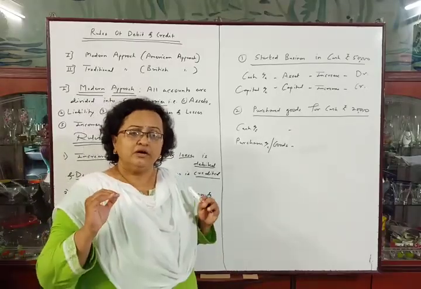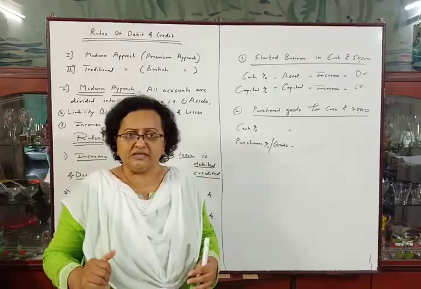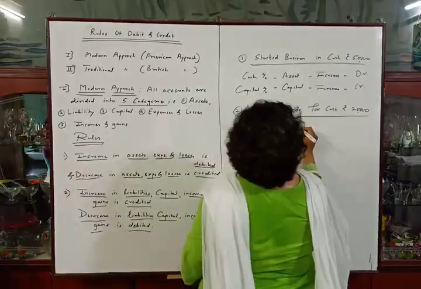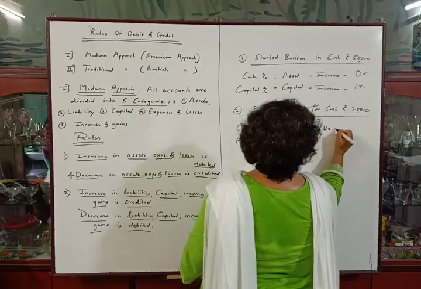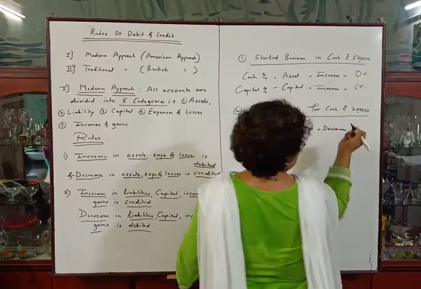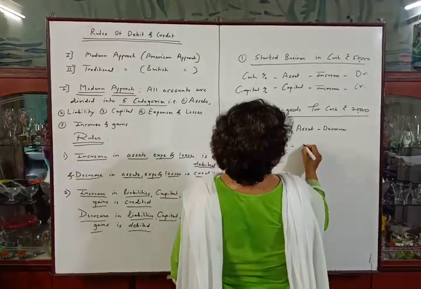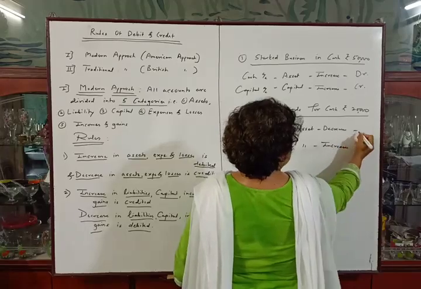It means goods are increasing and cash is going out from the business, so cash will be decreasing. So cash, this is an asset, it decreases due to this transaction, and goods also is an asset, it increases because goods are coming into the business.